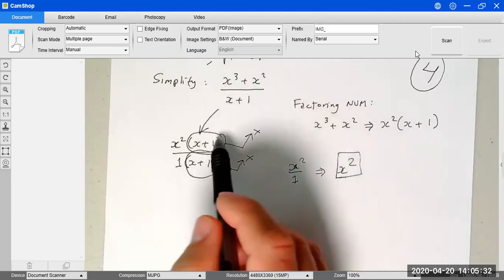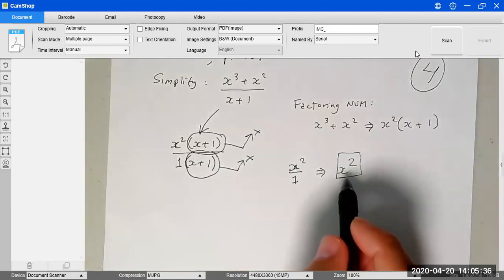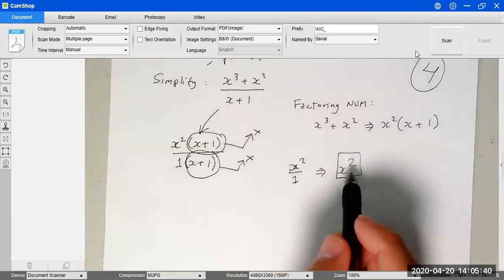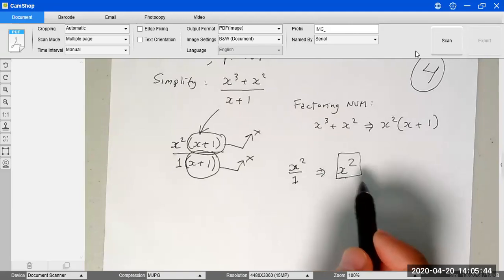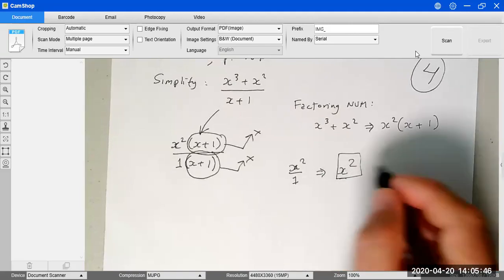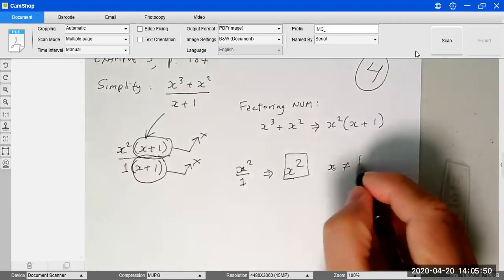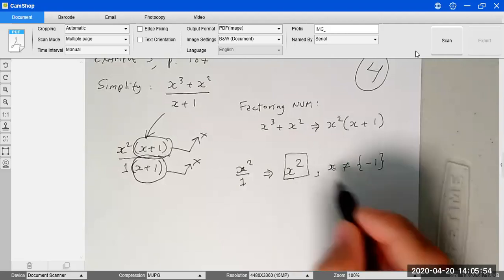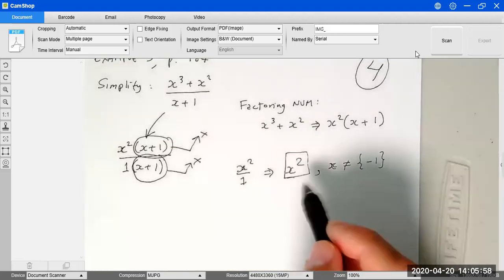But once you simplify the rational expression, you end up with a different expression, and there is no restriction for this expression at the end because it's not a rational expression anymore. But in this case, we should write that x shouldn't be -1. So that's the purpose of finding restrictions before simplifying.